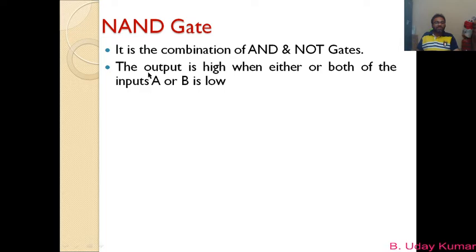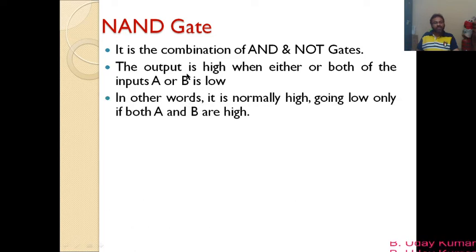This definition you can understand from the truth table that will come after a few steps within this slide. I will come back to it once we understand the truth table. Similarly, there is another definition of the NAND gate: the output is normally high and goes low only when both A and B are high.